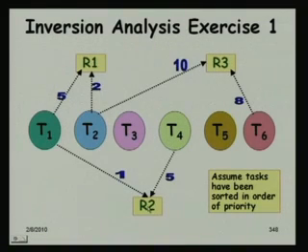Then suppose T2 is holding R1, the CSC is again set to 1, then T1 cannot acquire R2. So, T1 undergoes avoidance inversion due to T2 and T4, that is for 2 and 5.